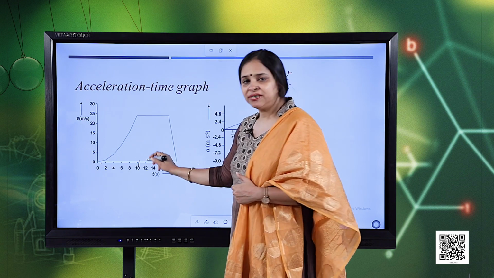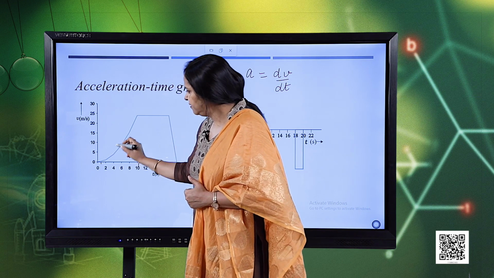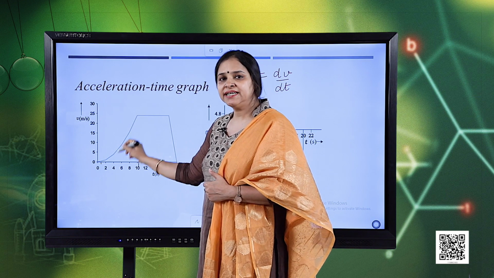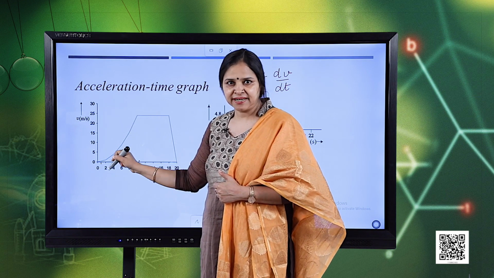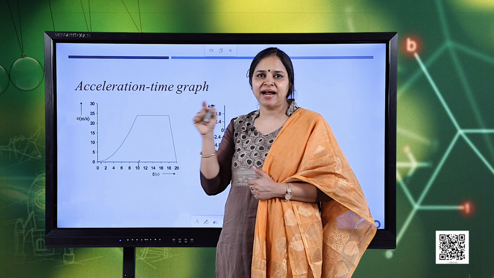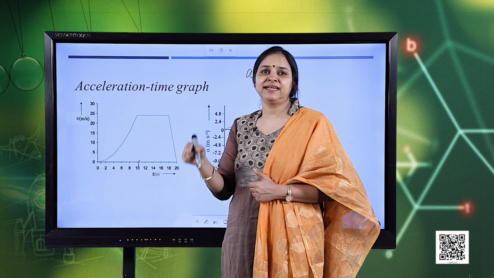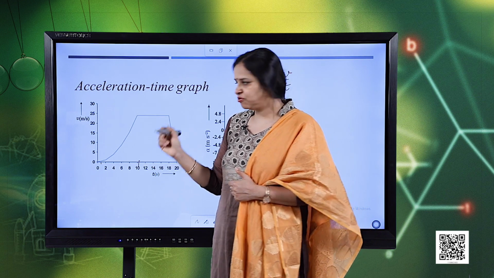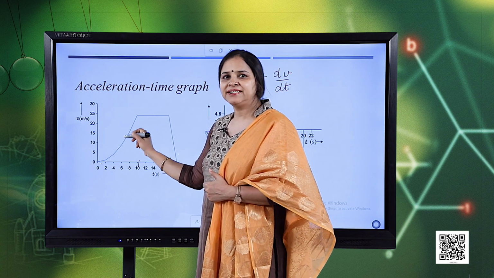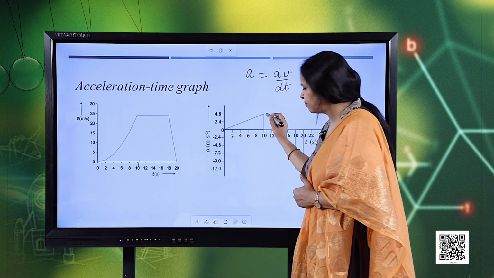So, in this graph, what do we do now? In this duration of 0 to 10 second, we plot the tangent at different instants, and the tangent at that particular instant gives us the information about the acceleration at that instant, that is, instantaneous acceleration. Finding the instantaneous acceleration at different instants, we plot the acceleration time graph.